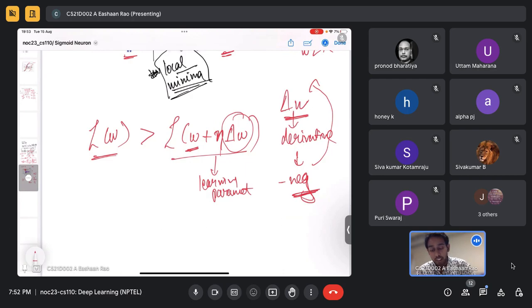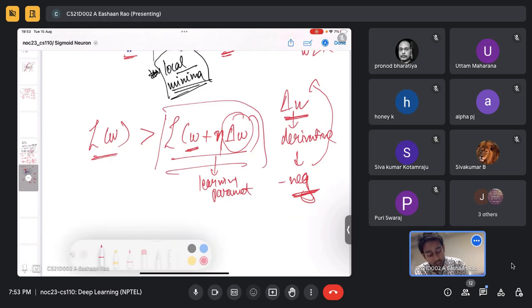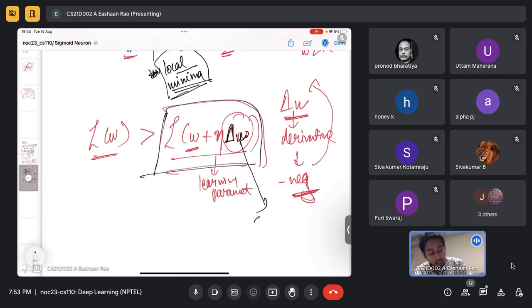This is the kind of intuition it's all about. Obviously this is a very big derivation, but I hope you can understand that this is what we are focusing upon: the new loss function, and here we are dealing with a delta w, and this delta w is what we talk about as gradient descent. Descent comes from the value being negative, because we want to reduce the loss function.